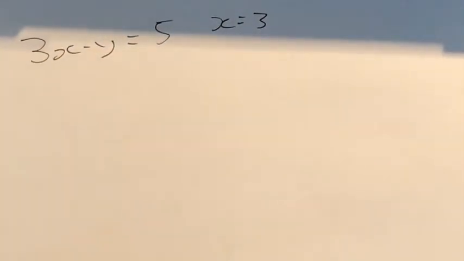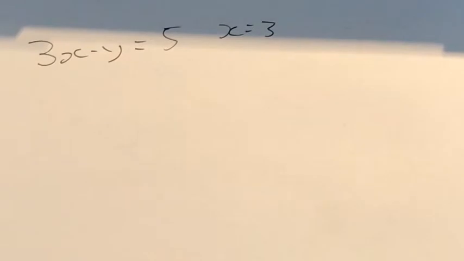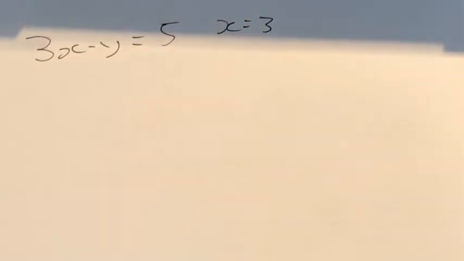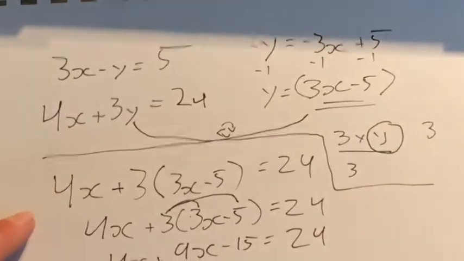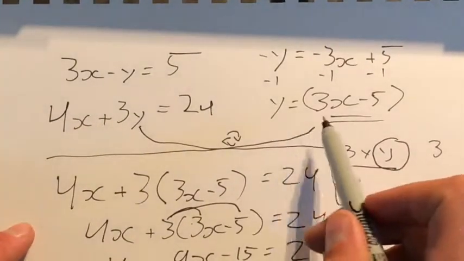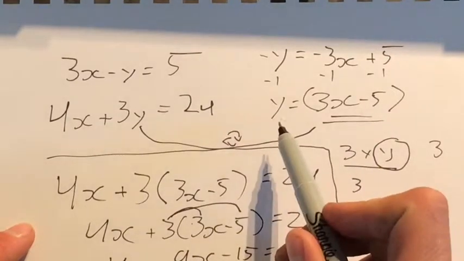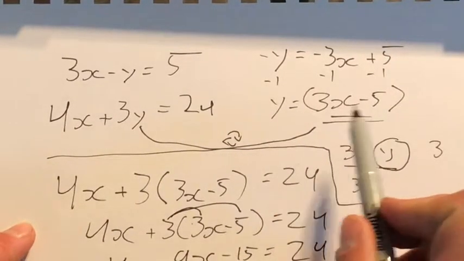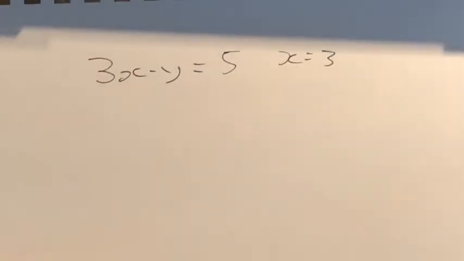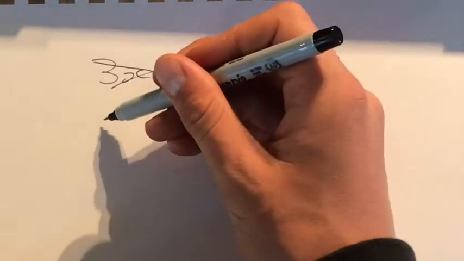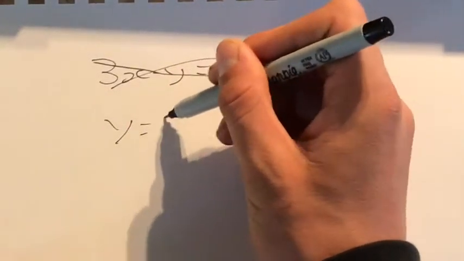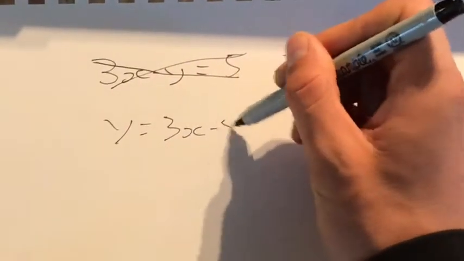Now, something that comes in handy is instead of having to plug this into here, if you look back on the other side, we already had what y equals right here. So we'll actually use this equation. So y equals 3x minus 5. Flip this back over. We're not going to use this. We already have some of the work done.